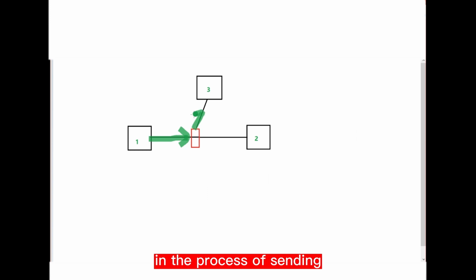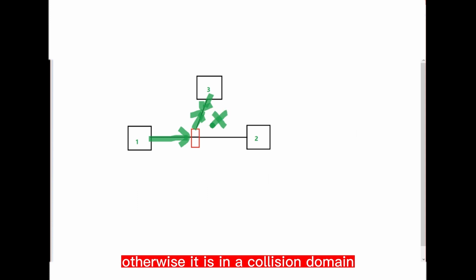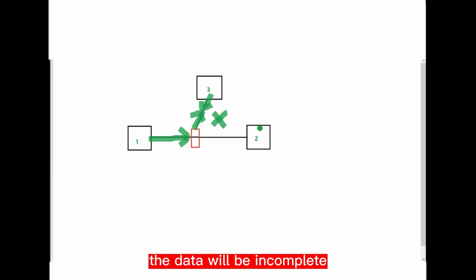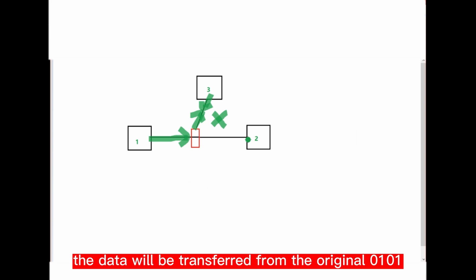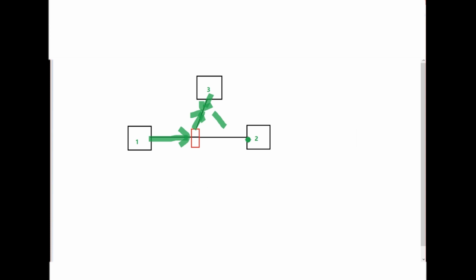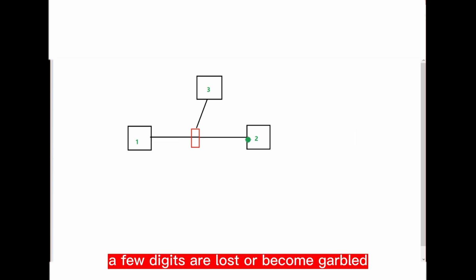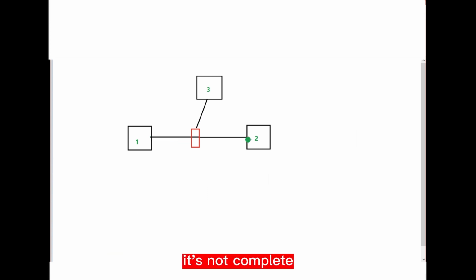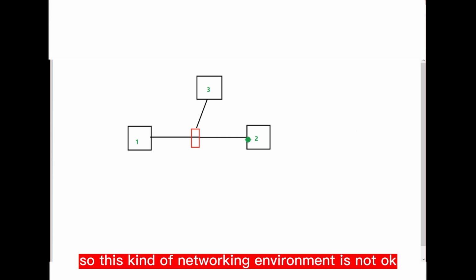In the process of sending, PC3 cannot send. Otherwise it is in a collision domain, and the data will be incomplete. The data will be transferred from the original 0101, and may be lost in the middle. A few digits are lost or become garbled. It's not complete. So this kind of networking environment is not okay.